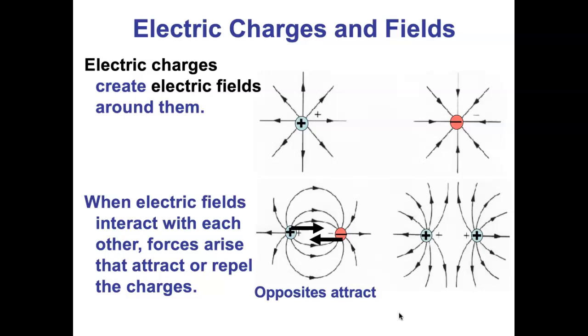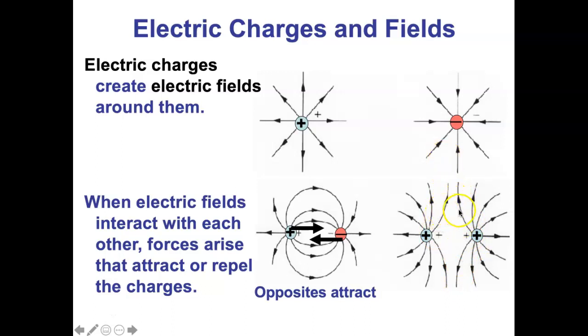So to review here for a second, right? The electric charge creates the electric field, and when their electric fields interact, that creates the electric force that attracts opposite charges. When you put two charges that have the same sign, either both positive or both negative, near each other, their electric fields interact by basically bumping up against each other and pushing each other apart.